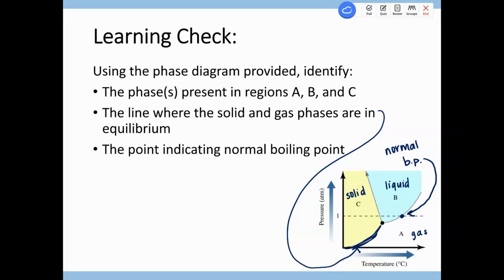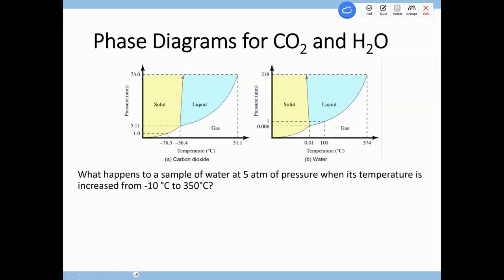Now, I mentioned that different substances have different phase diagrams. That's because they have different boiling points, melting points, temperatures at which a solid, liquid, or gas would exist. On the next slide, I have 2 diagrams. One's for carbon dioxide and one is for water. Now, they look pretty similar except for where the boiling points are.